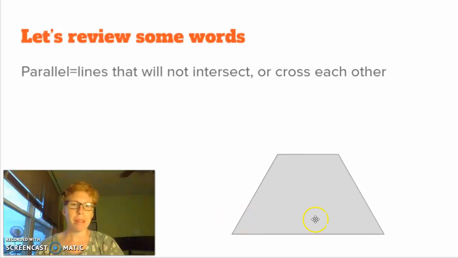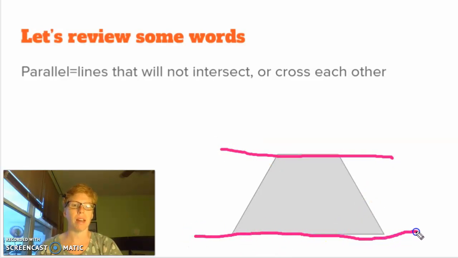So we've got a trapezoid right here. I'm going to show you how this trapezoid has lines that are parallel and are not parallel. So I'm going to color in the top line of the trapezoid and the bottom line.